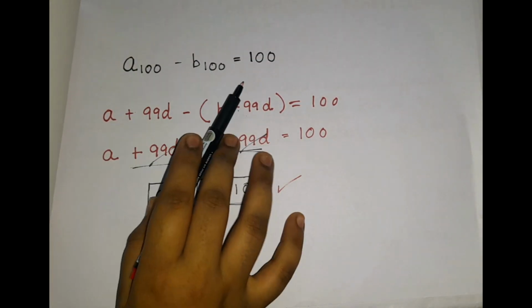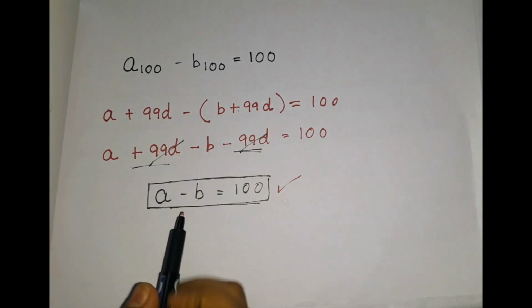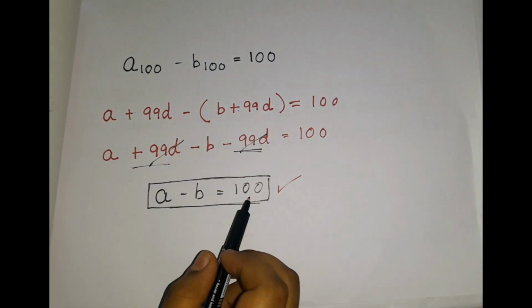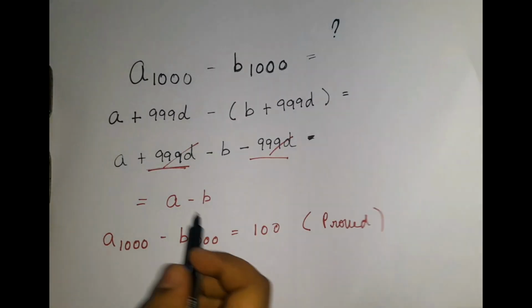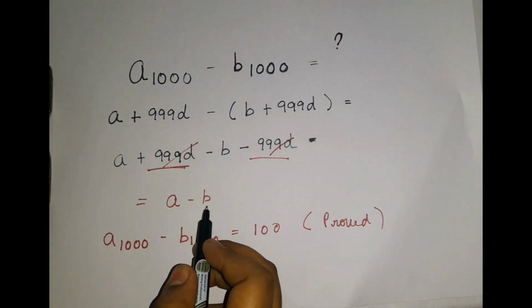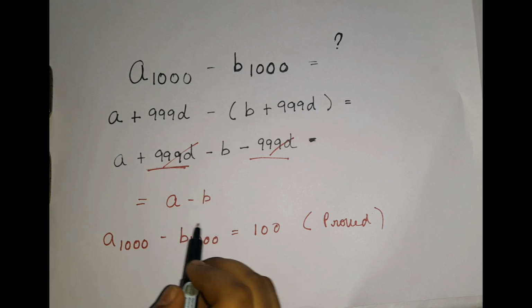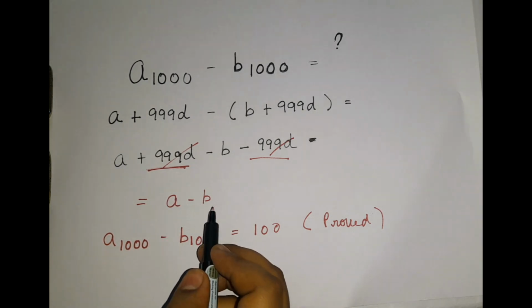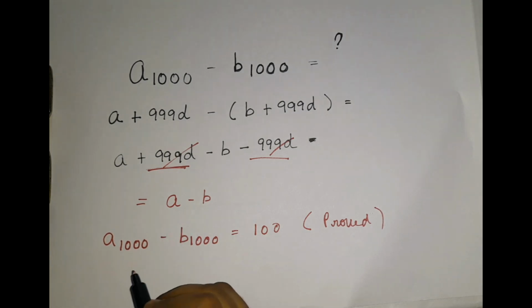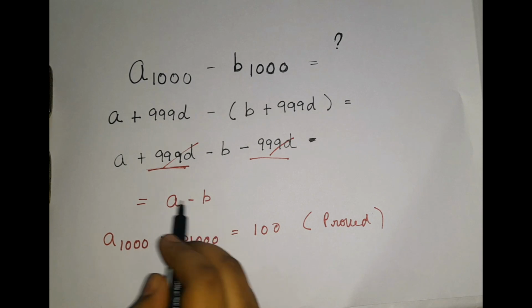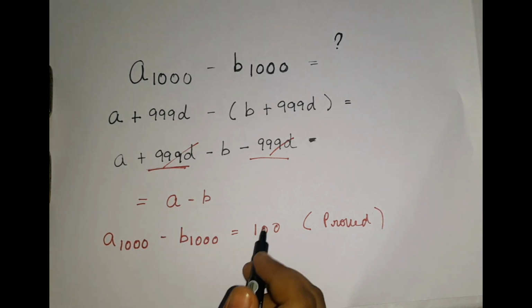Am I right? So after expanding those things, now we got a minus b is equal to 100. What does it mean? So a minus b value is 100. So here after doing those steps, now we got a minus b. Okay, so here a minus b, of course you guys know it is 100, isn't it? So that is what we got. So after that, when I found that a minus b is 100, I just wrote it like this.